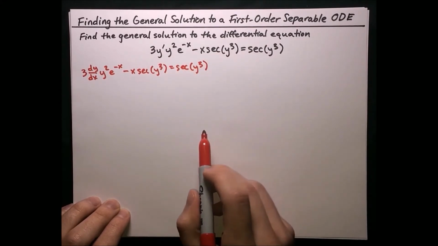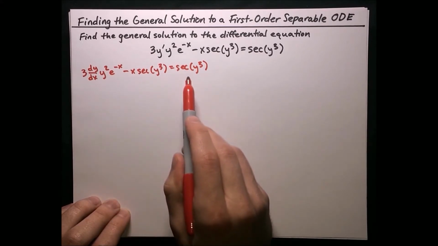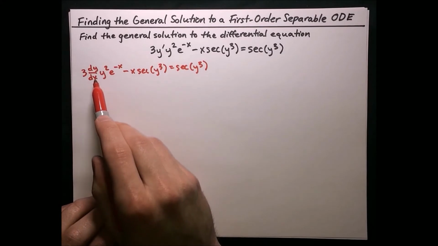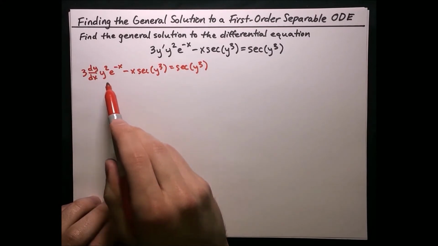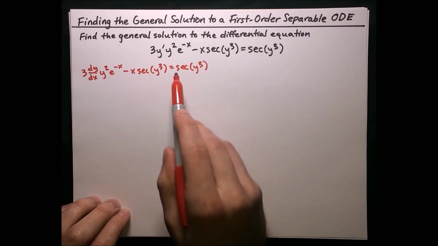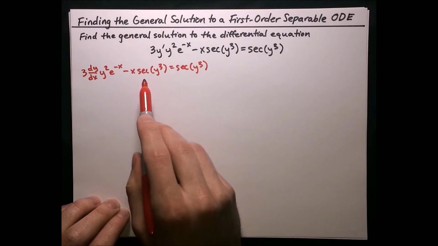Okay, so we want to get all the y's on one side and all the x's on the other side. One thing, last time we multiplied by dx right off the bat, but why don't we try to group up some terms first? Here we see there's a secant and a secant. Let's try to group up those secants just to simplify the equation a bit.